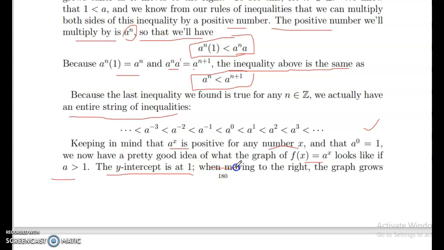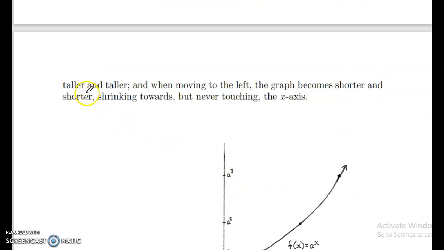When moving to the right, the graph grows taller and taller, taller from the x-axis.